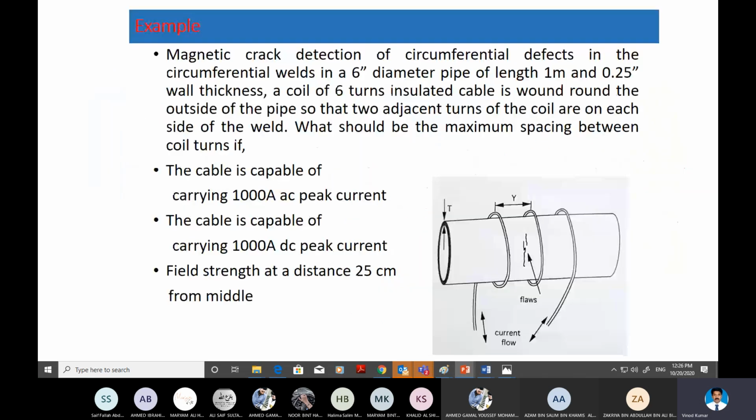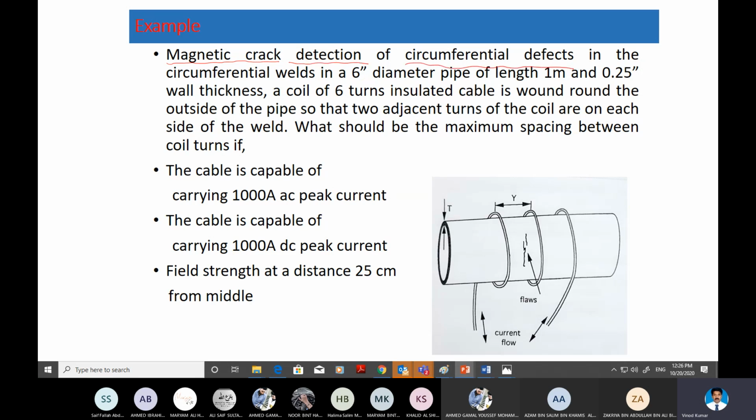Now we go to our next question, which is given here. We have a magnetic crack detection technique. This is a specific question. The other two questions I took are general, on how to produce a magnetic field. Here it is specific magnetic crack detection of defects.